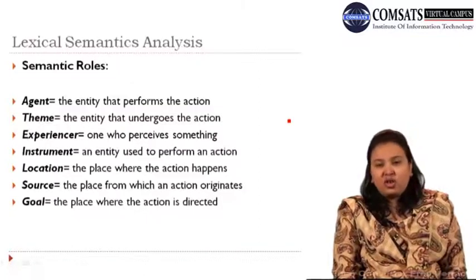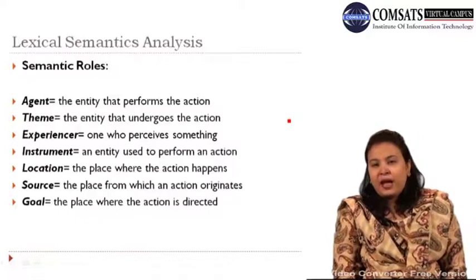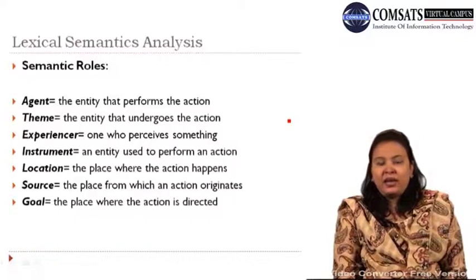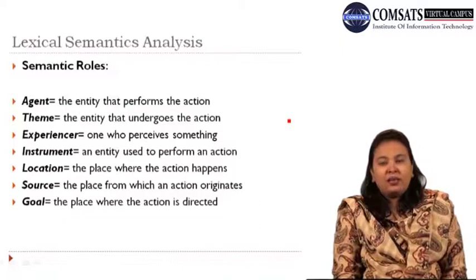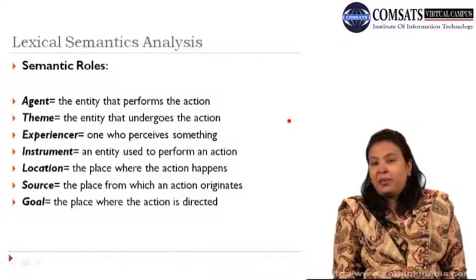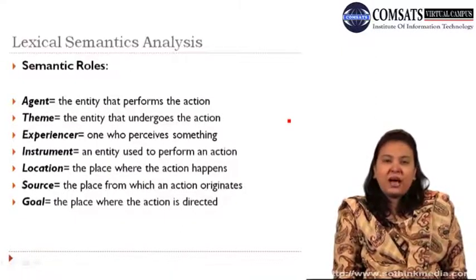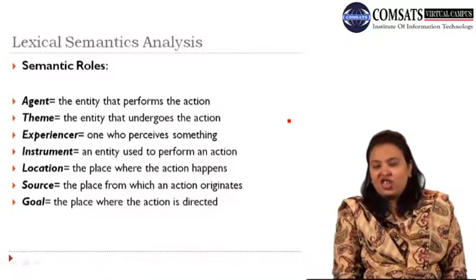And then location. Location is the place where the action happens. I played in the cricket ground. Now I play hockey in the nearby garden. So the location is the place where something happens, where something is done, where something undergoes a change.